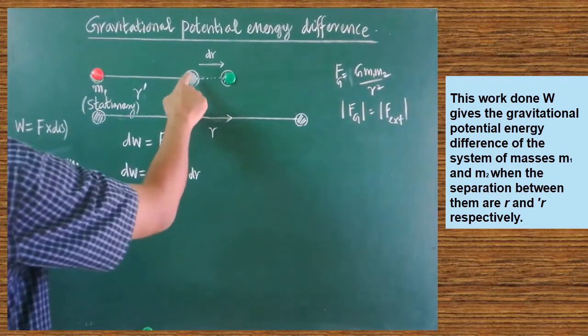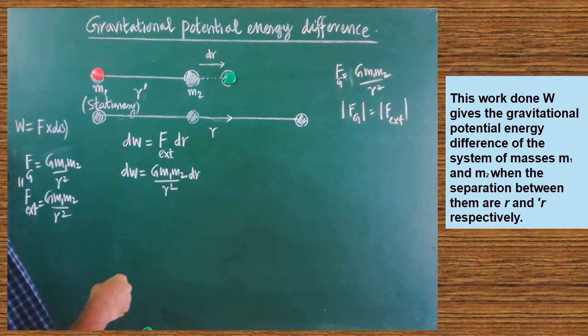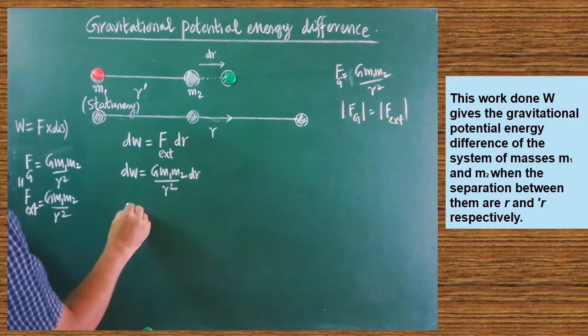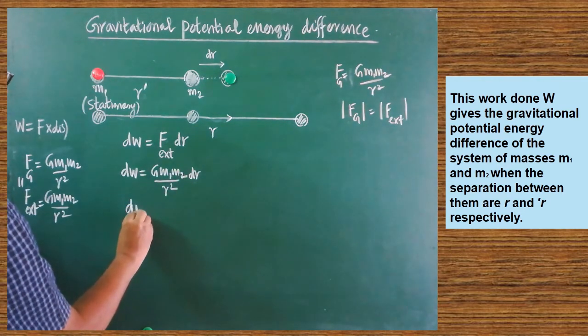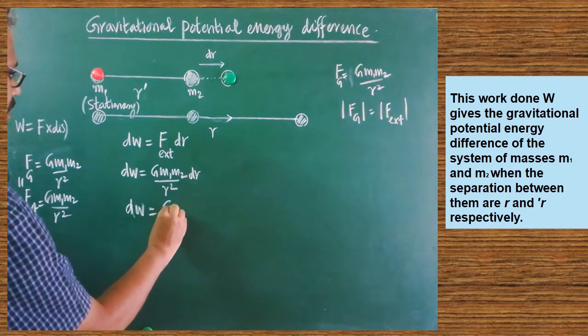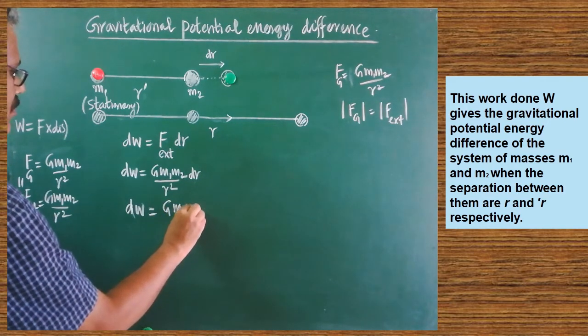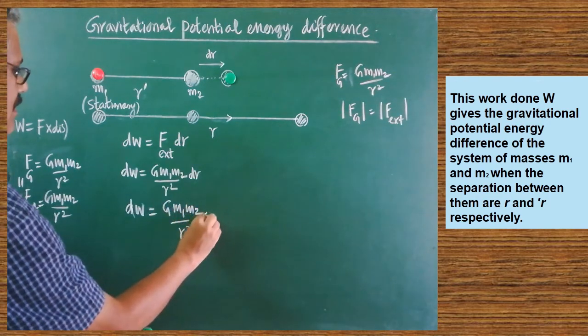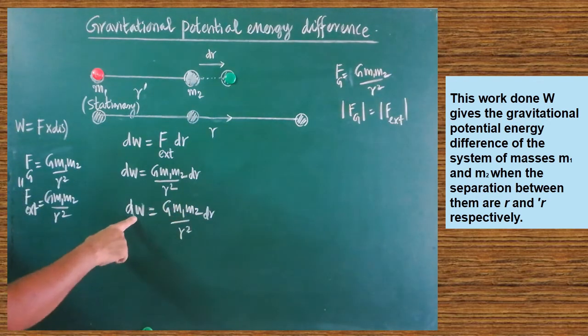So it is moved a distance of dr. Understood? Now we have to integrate this. dW is equal to G m1 m2 by r square dr, where G, m1 and m2 are all constants. Are you clear?